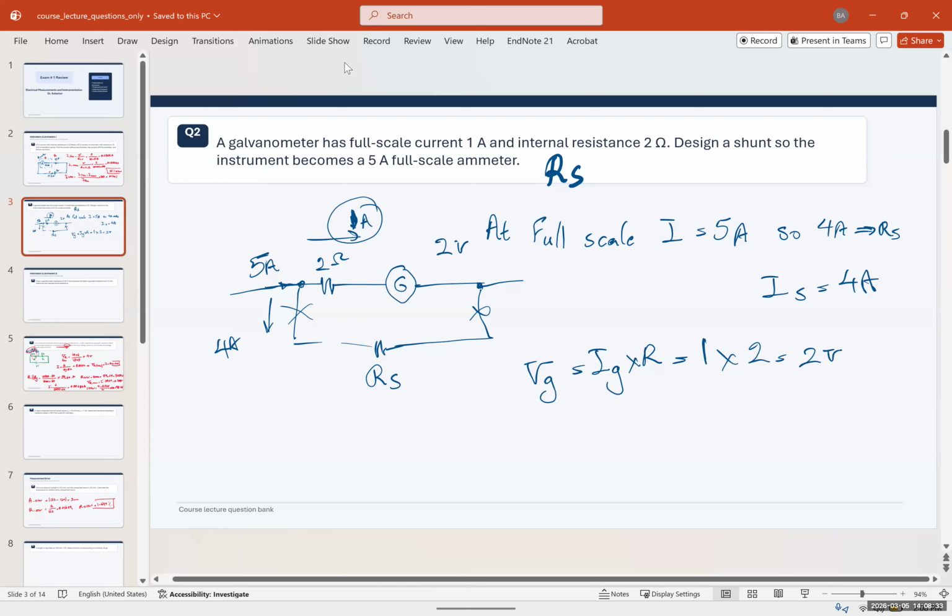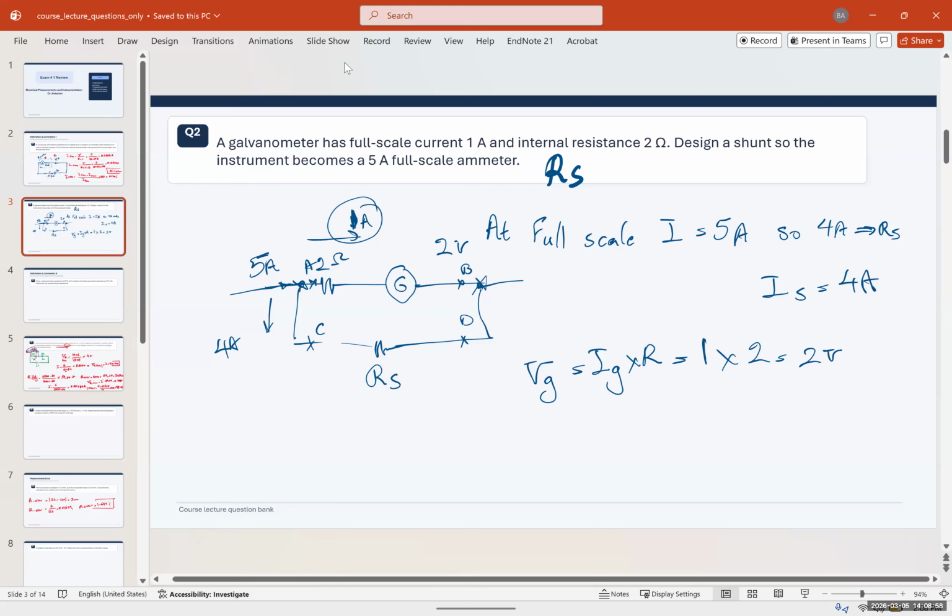What is the relation between the voltage of the galvanometer with its internal resistance and the shunt voltage? What is the voltage of these 2 points? I'm going to call it AB, and these 2 points, CD. The same. They are in parallel, so they share the same voltage.